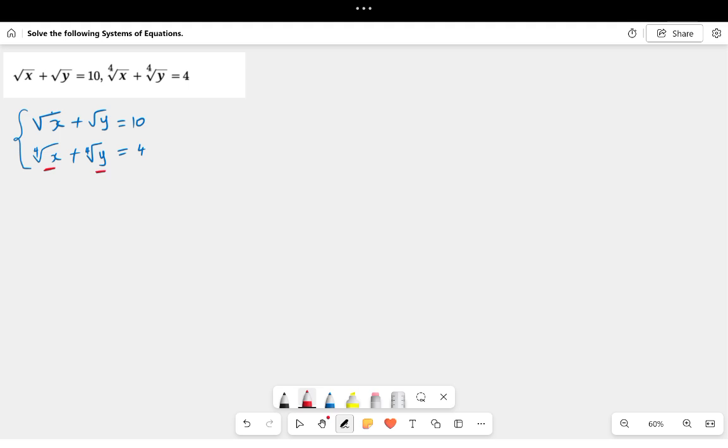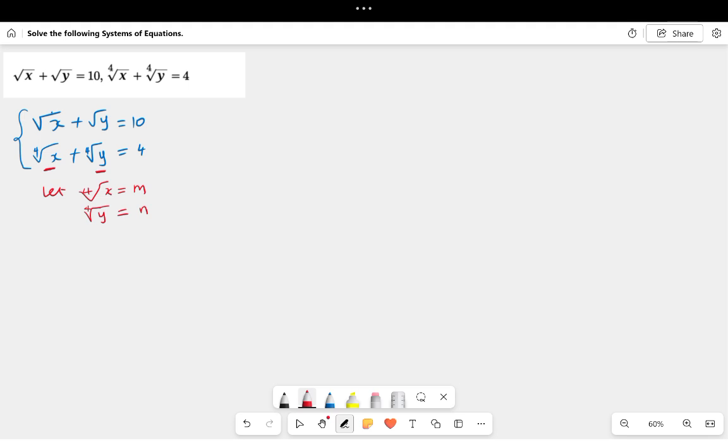Now we are going to say let the fourth root of x be equal to m, and the fourth root of y be equal to n.